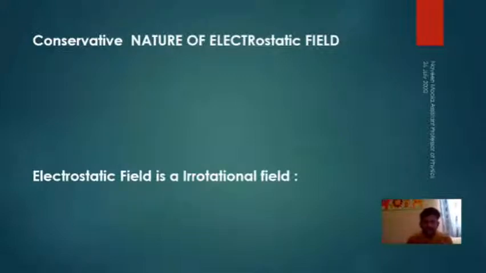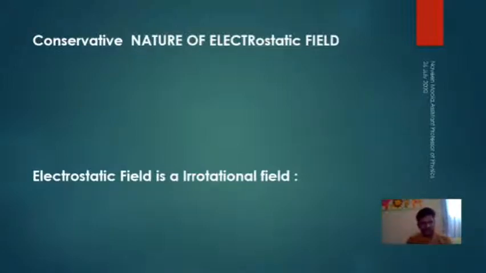Thus, in this video lecture, we proved the conservative nature of the electrostatic field, and as each conservative field can be written as the gradient of a scalar potential, we denoted E by minus del V, and using that we even proved the electrostatic field as an irrotational field.